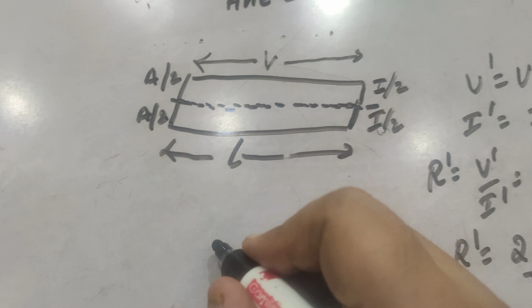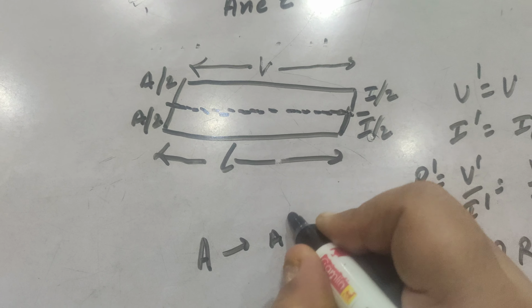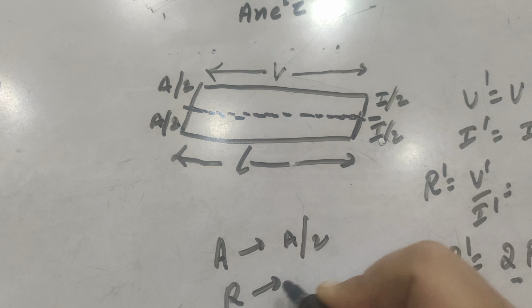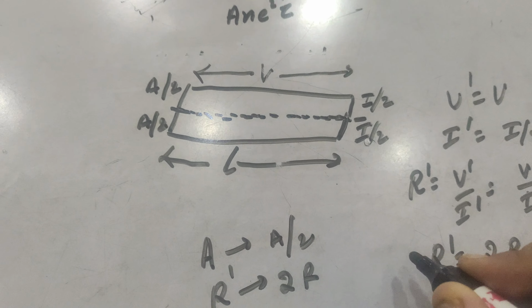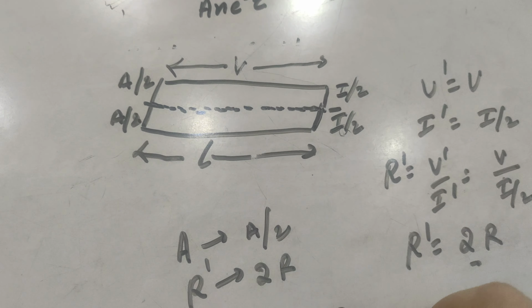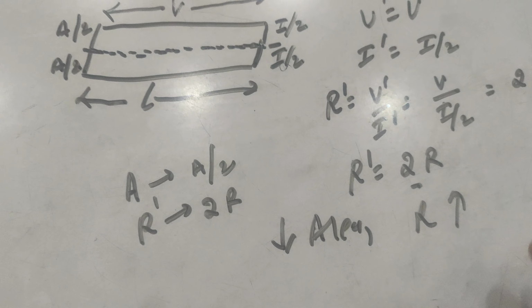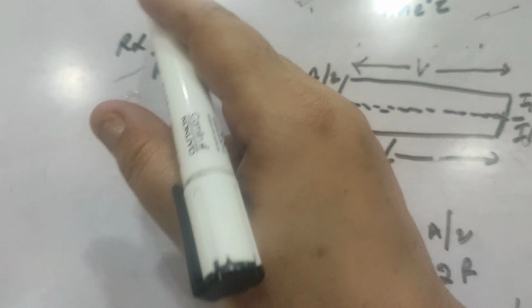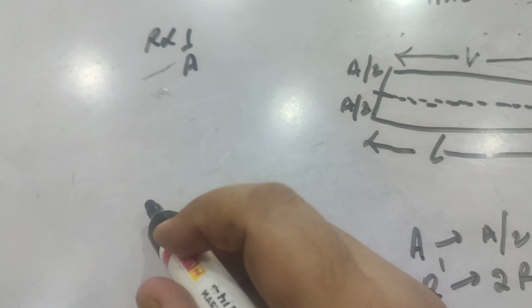It means on reducing the area to A by 2, the resistance increases to 2R. Means on decreasing the area, resistance increases.